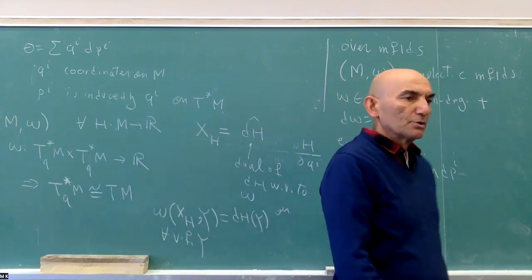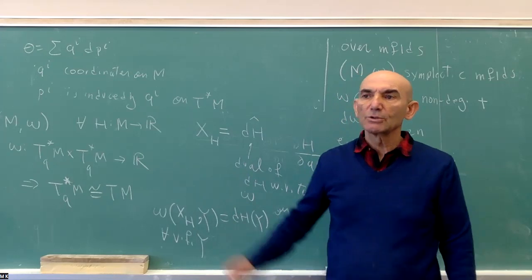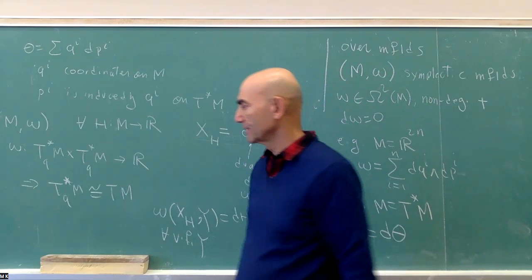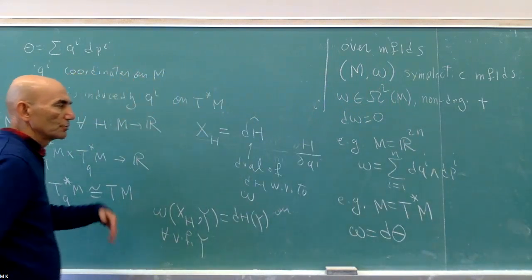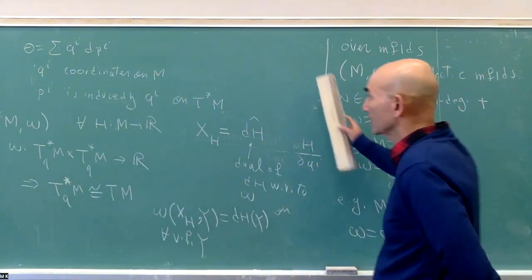Okay, so now you are in business. You have a vector field, so you can define this differential equation on the manifold, and that's Hamilton's equations. So you have classical mechanics on this symplectic manifold all of a sudden.